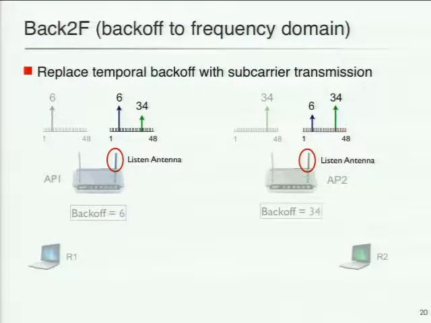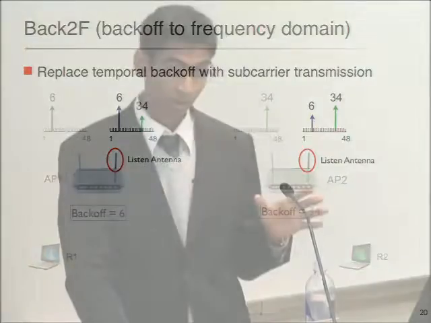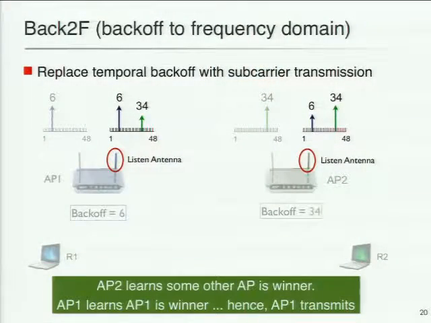AP2, on the other hand, will see a very analogous figure on its listen antenna. It will see 34, its own Backoff, is active. But apart from 34, 6 is also active, and that means some other access point have a lower Backoff value. And given that lower Backoff gets more priority, it will know that it has lost the contention.